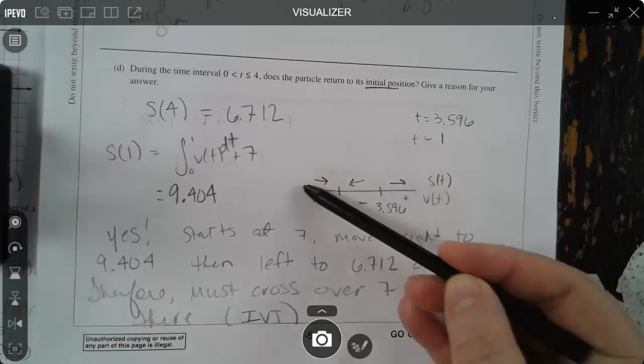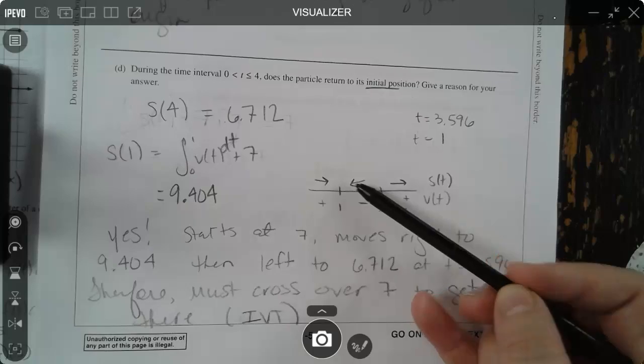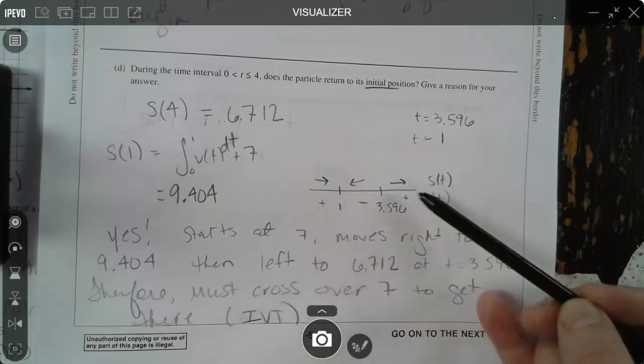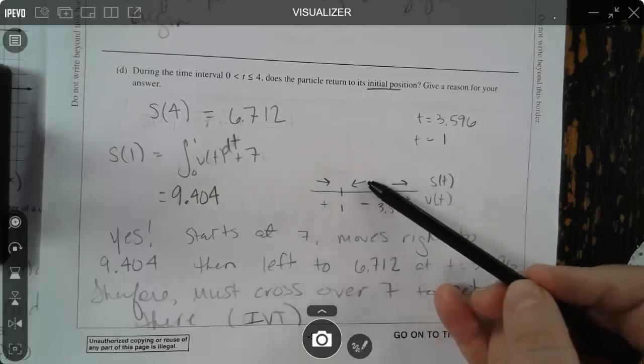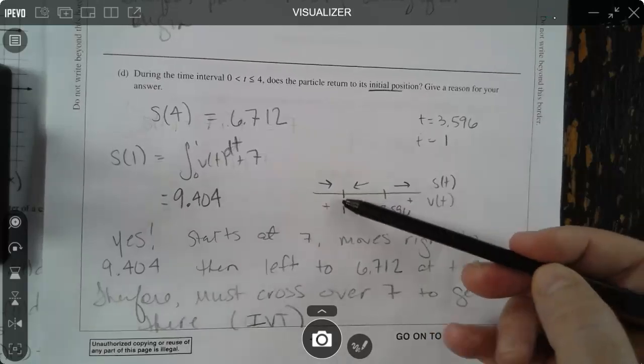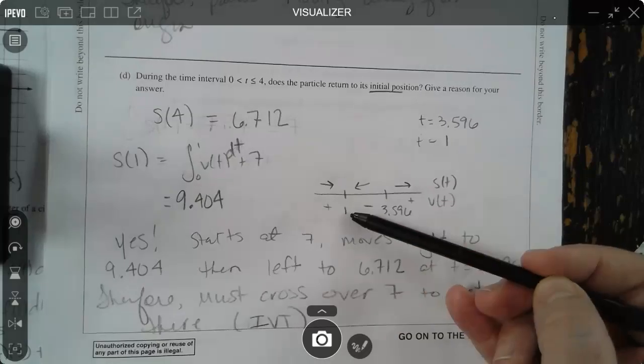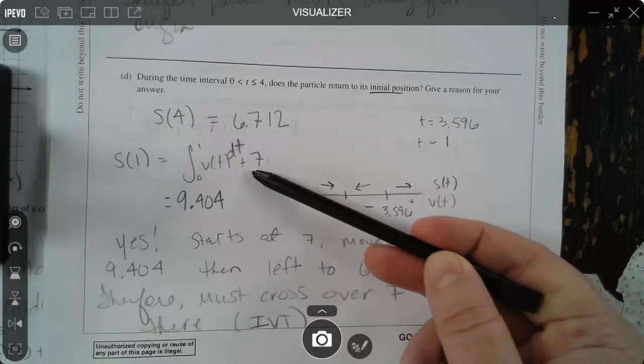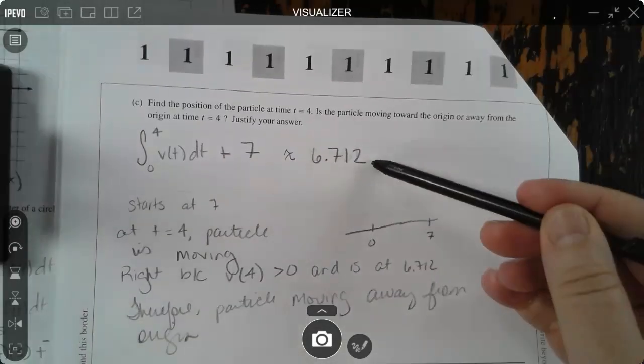Here, it started moving right, then it started moving left, then it started moving right again. So I needed to know how far it moved left and how far it moved right. So what I did was I found the position at 1, same way I did in part C. Then the position I know at 4 is 6.712.